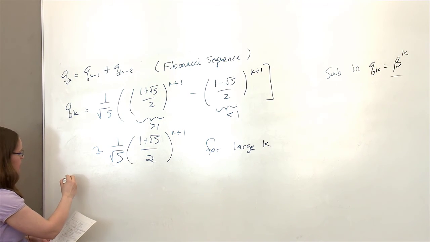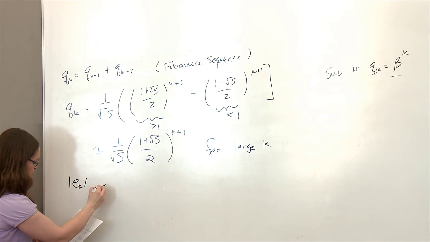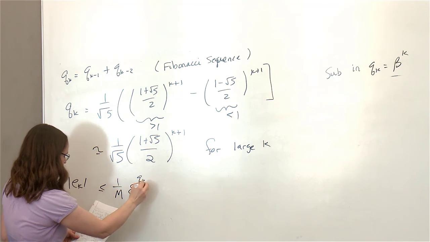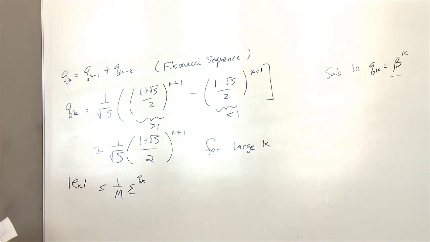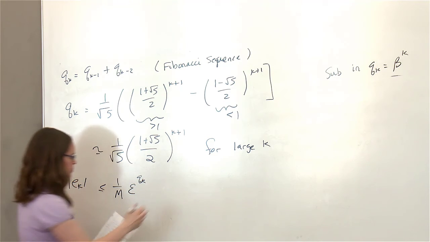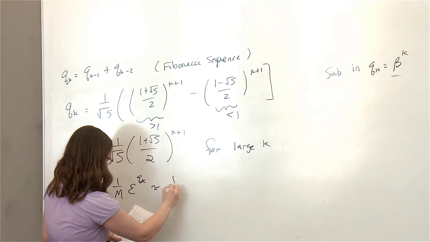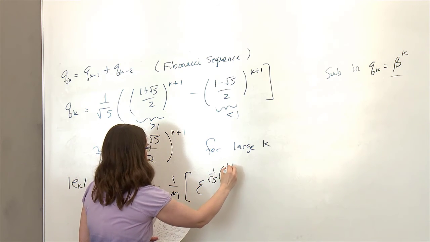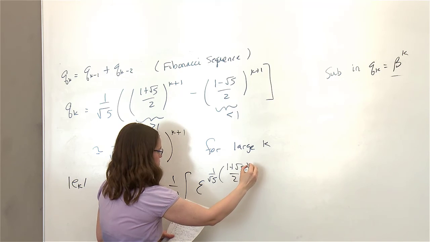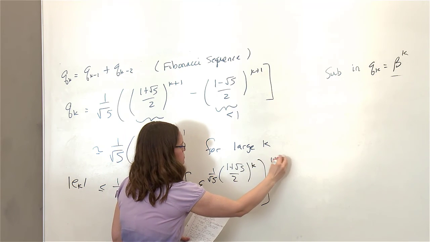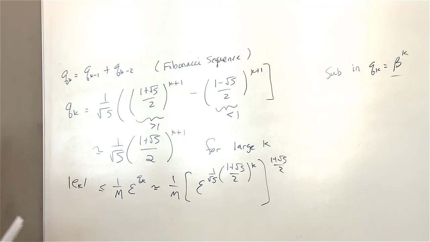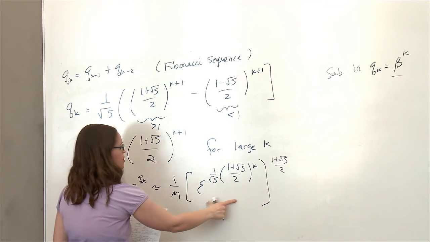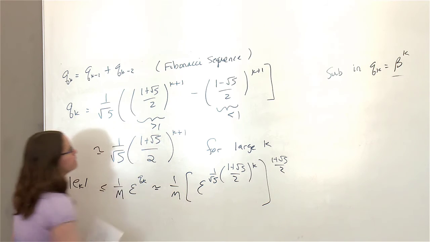We're going to have the error after k terms is bounded by 1 over m times epsilon to the q_k, which is approximately 1 over m times epsilon to all of this power. And this looks like the bound I had for the previous error.